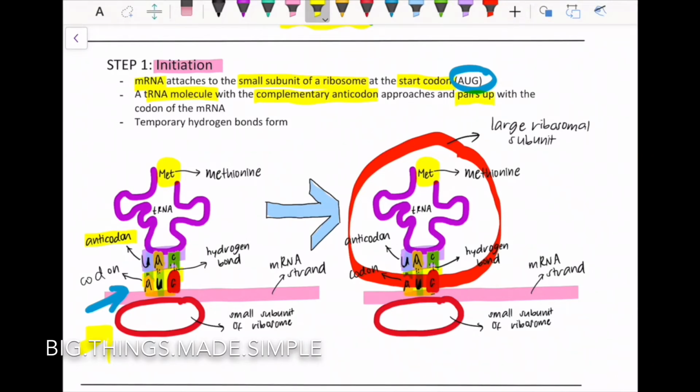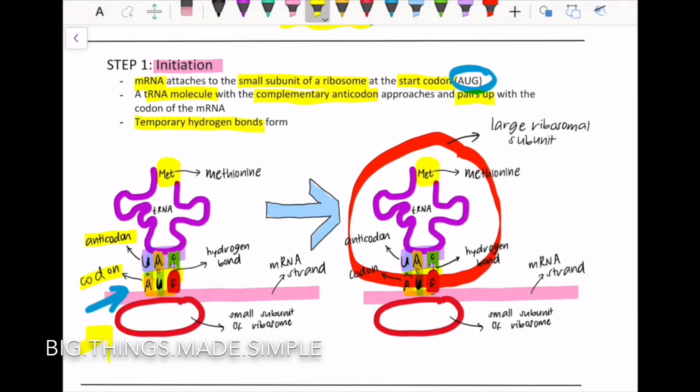Now we have a codon and an anticodon standing next to each other, and temporary hydrogen bonds form between UAC and AUG to keep the tRNA molecule and the mRNA strand together. And now we have this complex, as you can see in the diagram.